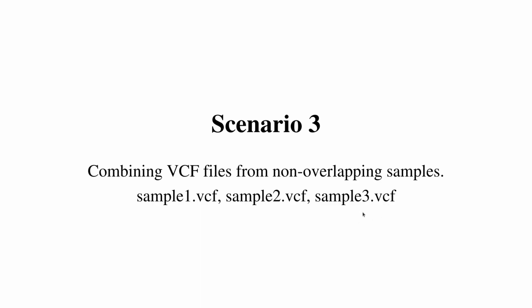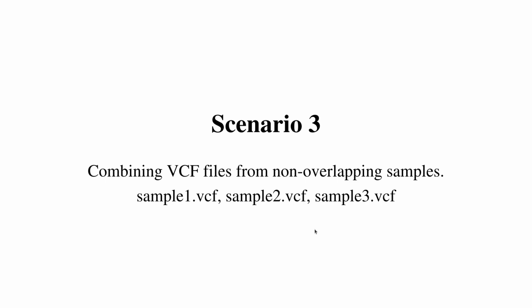This can happen when you run variant calling sample by sample. In that case, variants for one sample will be generated, then another sample, and all these will be in separate files. In some kinds of analysis, it's required to have all your samples in one single VCF file, so you need a multi-sample VCF file. I'm going to show you how to combine these and get your multi-sample VCF file.